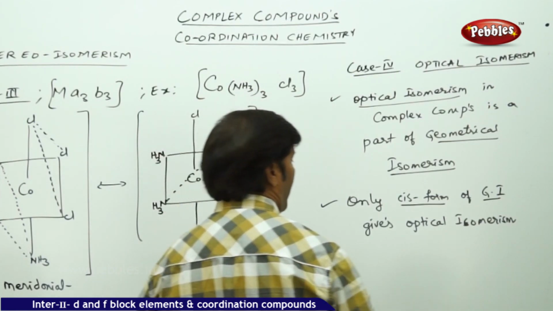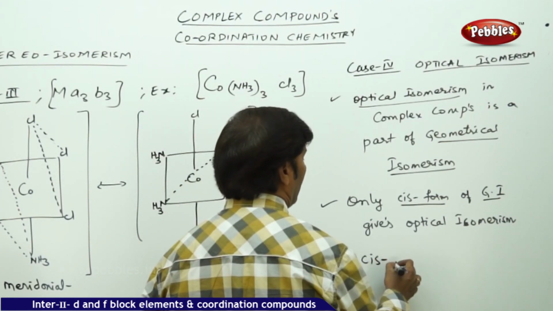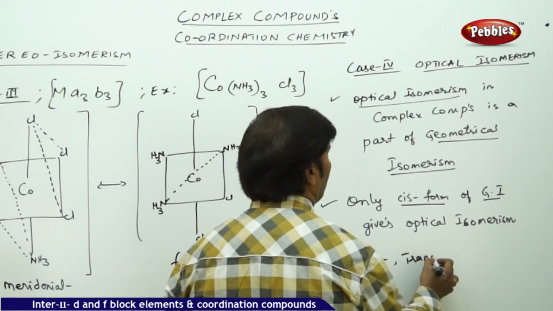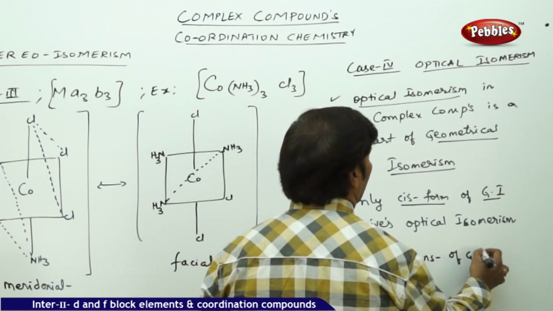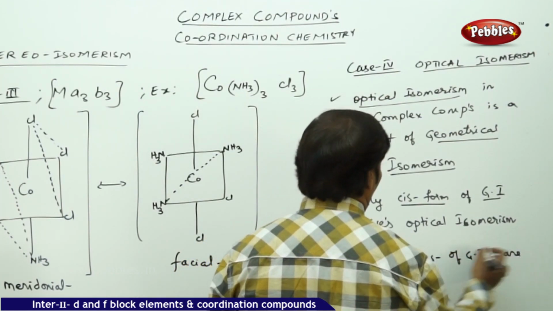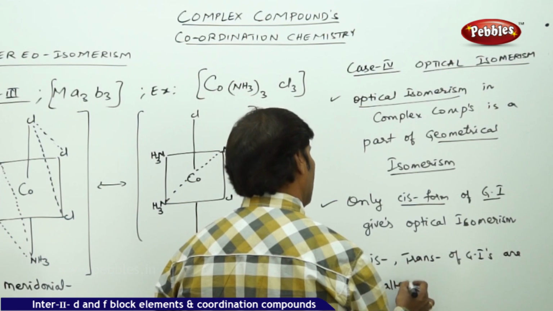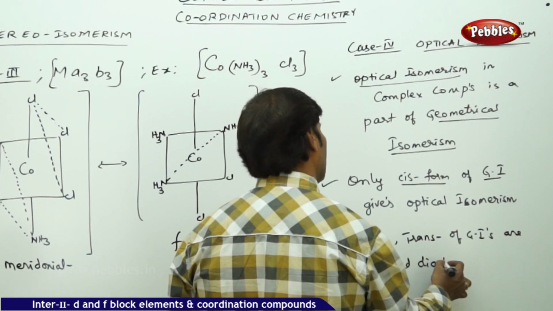And cis and trans forms of geometrical isomers are called diastereomers.